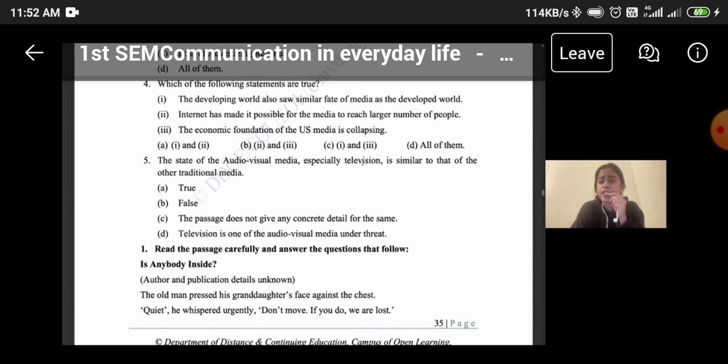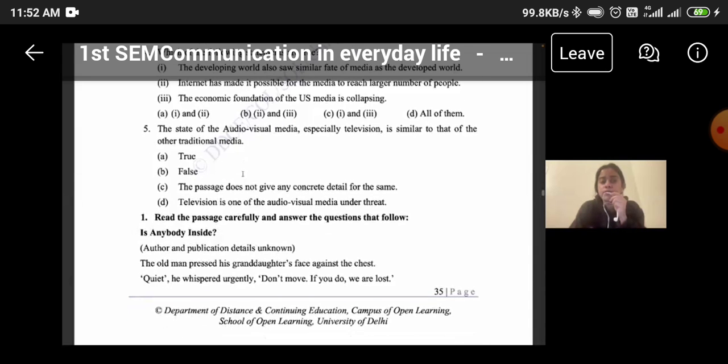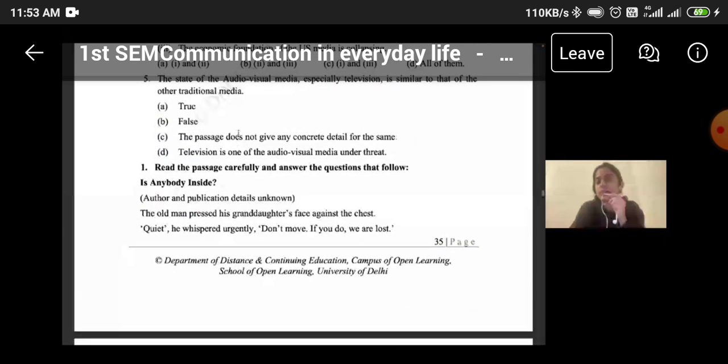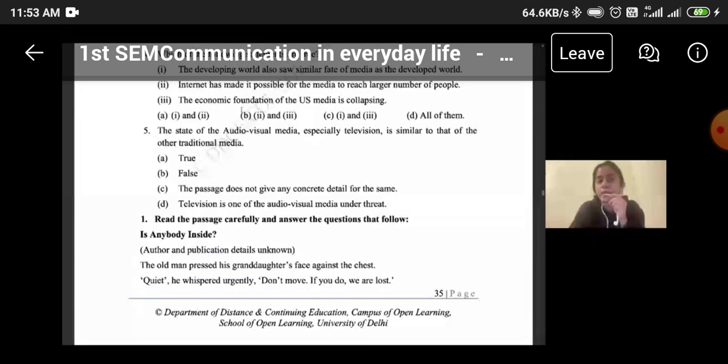Now, the state of audio visual media, especially television, is similar to that of other traditional media. Is it true or false? It is true. And how do we come across it? Once you read the study material and this particular passage again on your own, please find out how this statement is true.